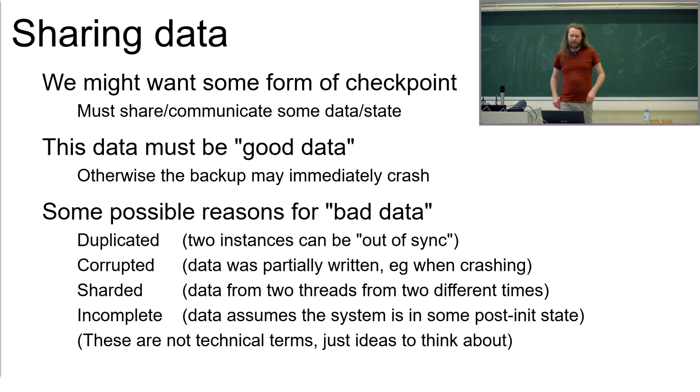So here are some non-technical reasons why you might end up with bad data, in case you're doing this and you need to write an acceptance test to figure out what is good data. Just some ideas to think about. If you have two pieces of data from two different places, they might be out of sync. Which one is valid? If you were partially writing data when the program crashed, how do you make sure that the data you're restoring is valid? It might just be straight up corrupted. If you are restoring data from two different threads, and they need to be in sync in order for the program to work, but they were at different levels of progress, having done different amounts of work, then their data is out of sync in some way.